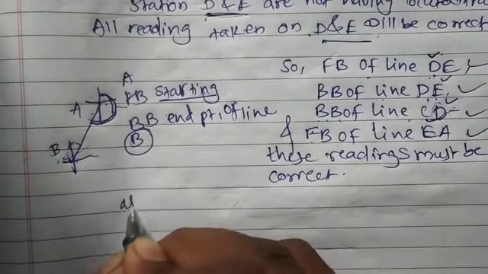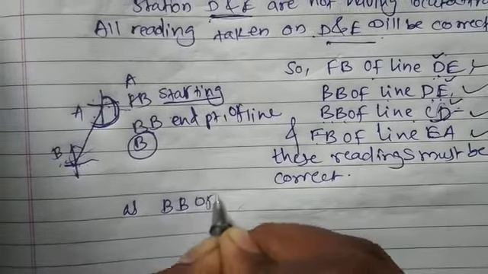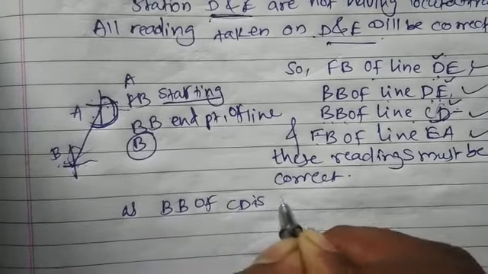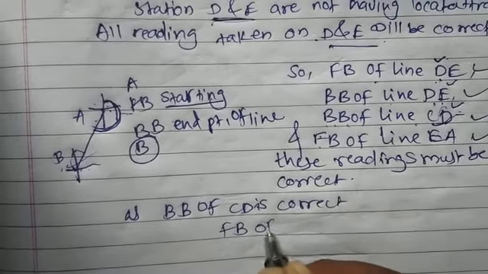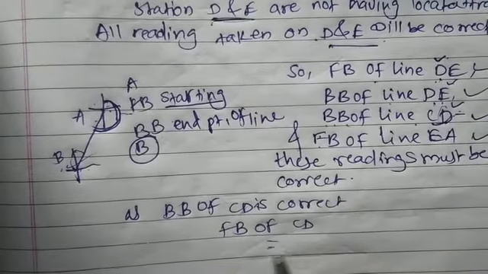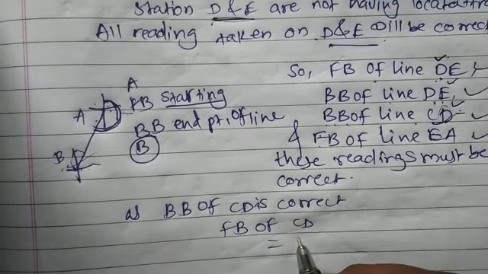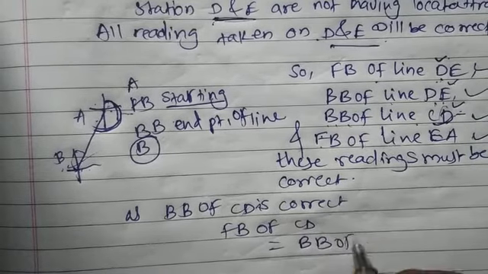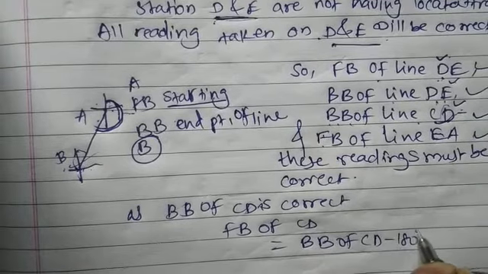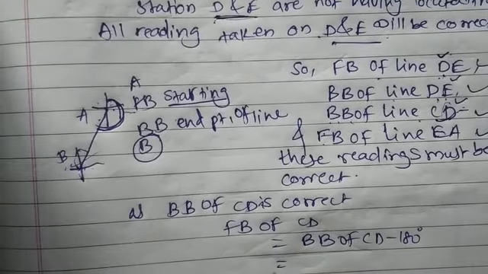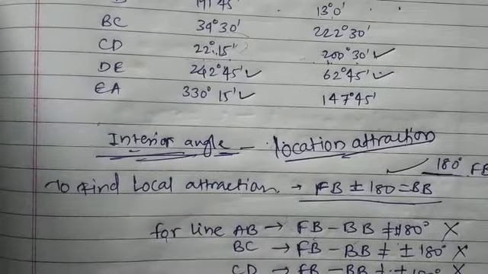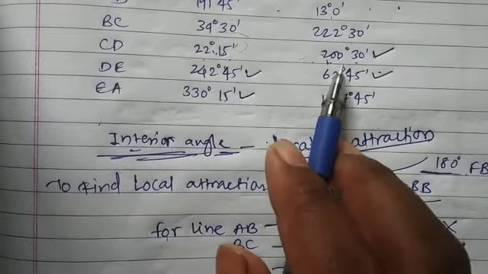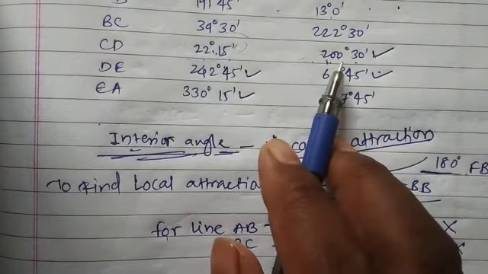So as the back bearing of CD is correct, the forebearing of CD equals the back bearing of CD minus 180 degrees. So how much is it? You can check here. The back bearing of CD is 200 degree 30 minute.